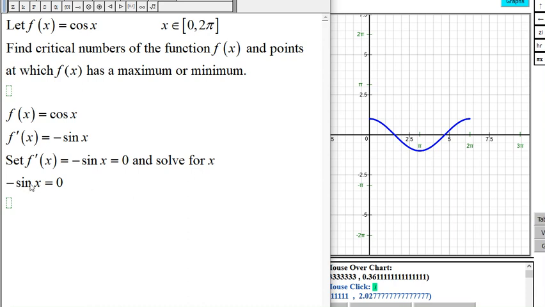And then right here, multiply both sides by negative 1. Then we get sine of x is equal to 0.